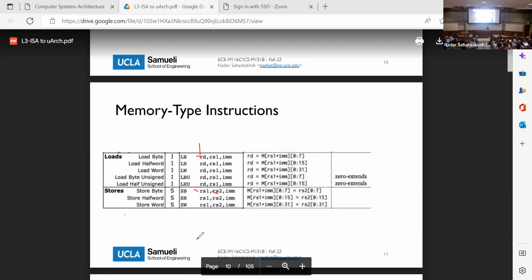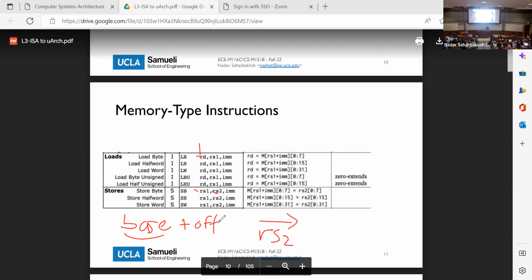Remember, we still need the base plus offset, right? Base plus offset is still our way of addressing the memory, and this base is still RS1, similar to the load. But another thing we need to add is the data to the memory, and this data is coming from RS2 this time.